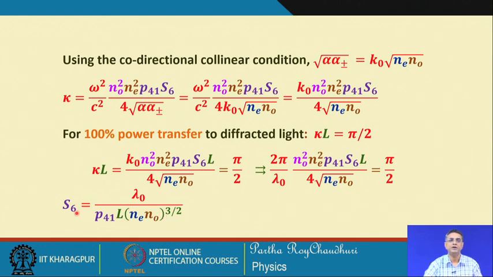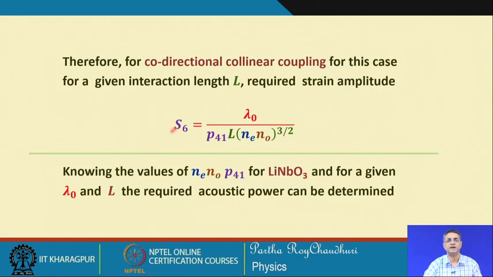So from here we can estimate this S6, or otherwise we can estimate the complete transfer of power from the optical beam to the co-directionally coupled diffracted beam, from extraordinary light to ordinary light coupling. This is the value of S6, and that tells you what should be the acoustic power.